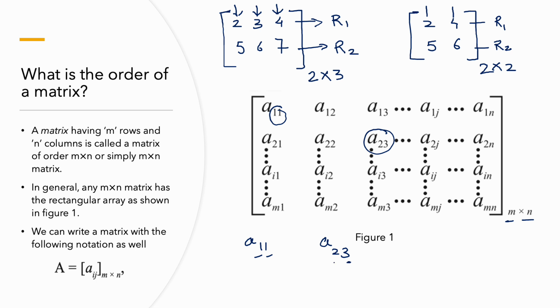You can observe this is row 2 and column 3, so this is the element A23. Like this, any matrix can be represented in this format, with i representing the row and j representing the column, and m times n representing the order of that particular matrix.